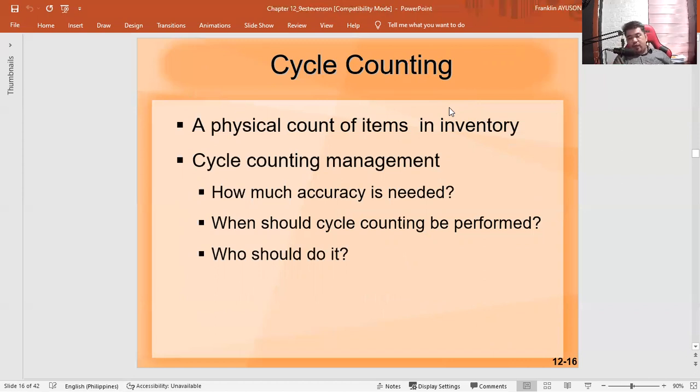Cycle in which counting management is in place, wherein management should count with accuracy. The management determines the cycle of counting to be performed. Ano ba yung schedule natin and who should do it? May it be our regular employee or someone in the audit department or other department of the organization performing the cycle counting.